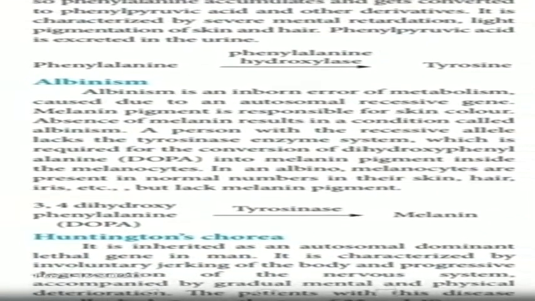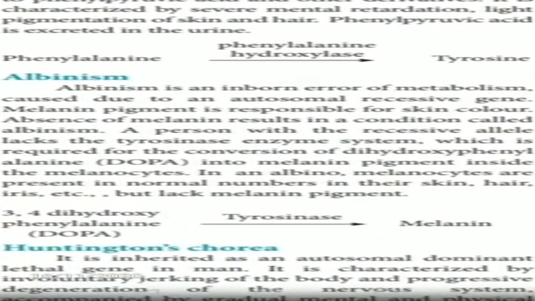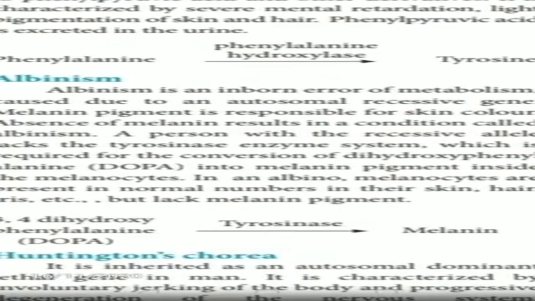They will ask you one word: in patients infected with phenylketonuria, what kind of acid is excreted in the urine? Take your textbook and underline it: phenylpyruvic acid is excreted in their urine. If equations are given, you can go through them.